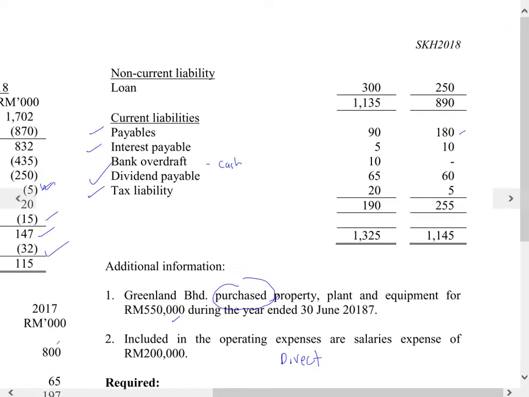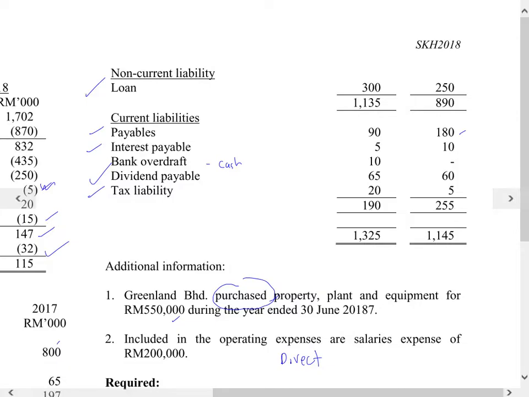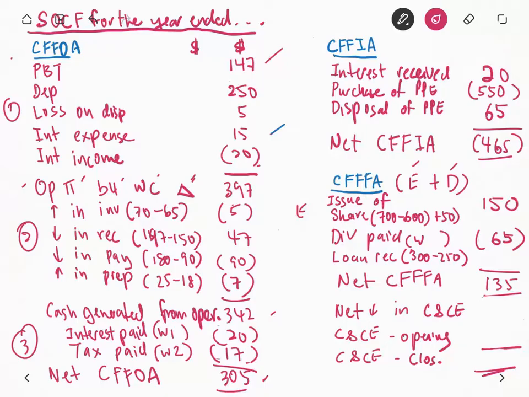Do we have a debt financing? Yes, we have a debt loan. Last year 25, this year 30. Loan has increased. In or outflow? I take more loan, means inflow. So inflow how much? 50. Put it under financing. Show working 35 minus 25. Increase is an inflow 50. Done.